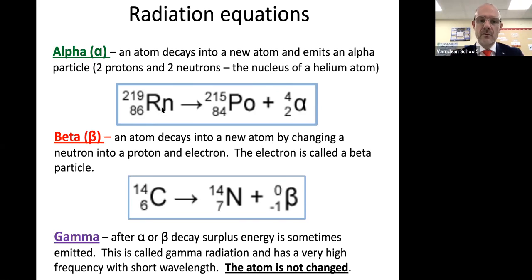So radon here with 219 as its mass number, if we're taking an alpha particle away, we take 4 off the top. It had 86 here, an alpha particle has got 2 at the bottom, so we take 2 away. So we quite literally take away the 4 and the 2 from our first two numbers and write them here. So we have 215 and 84.